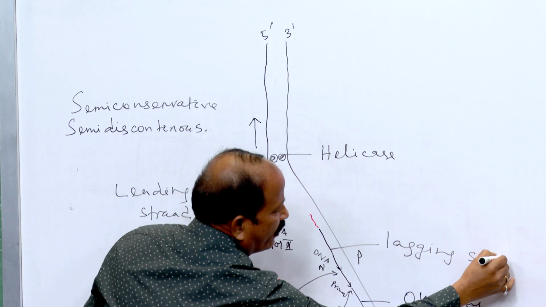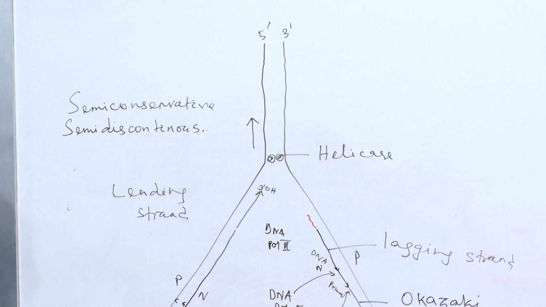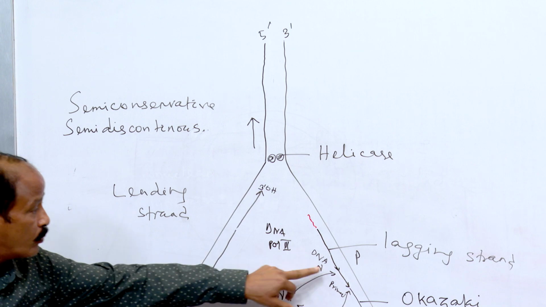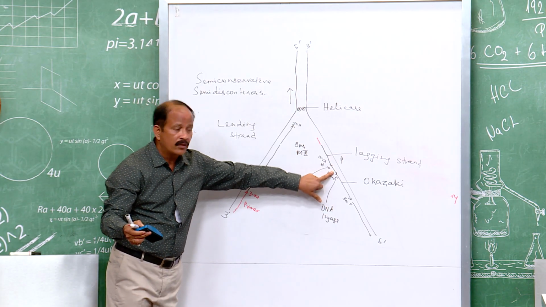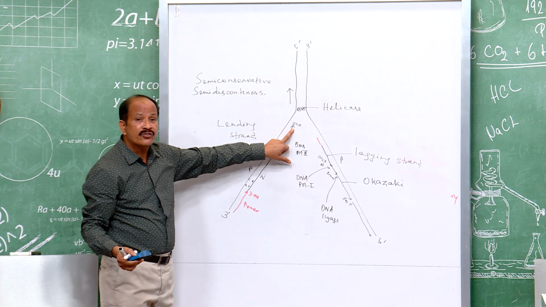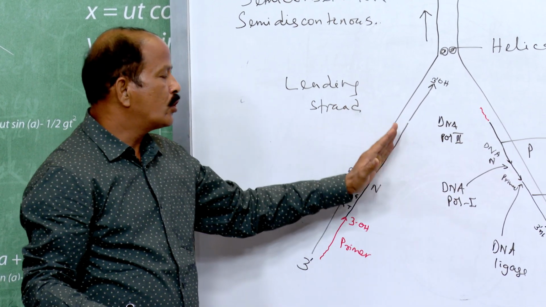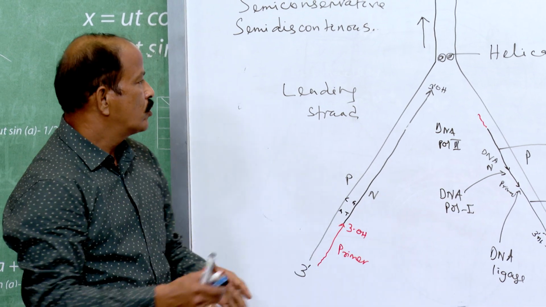What is the meaning behind this? Because the 3' OH end is the growing end, and the 3' OH end of this strand is much ahead of the 3' OH end of the discontinuously synthesized strand. That is why this continuous strand is called the leading strand and this is called the lagging strand. Okay. So, continuous, discontinuous, leading, lagging, it is clear.